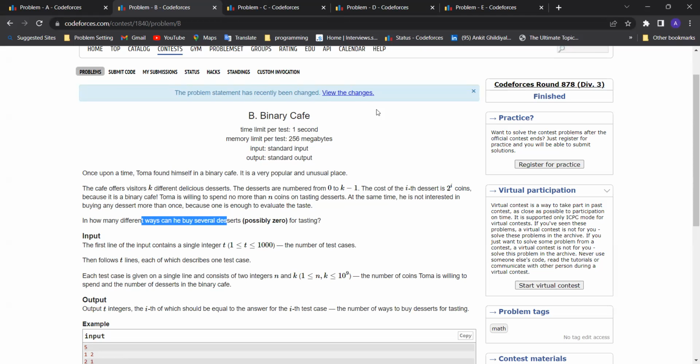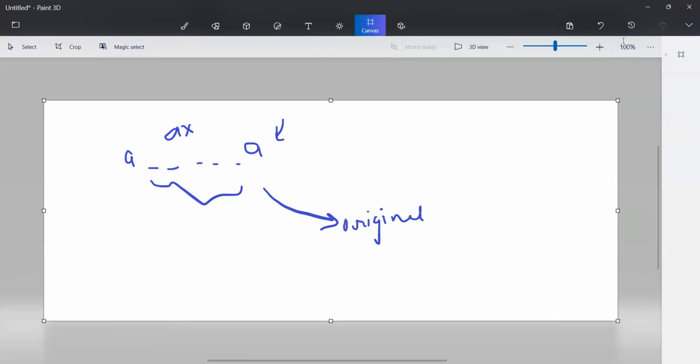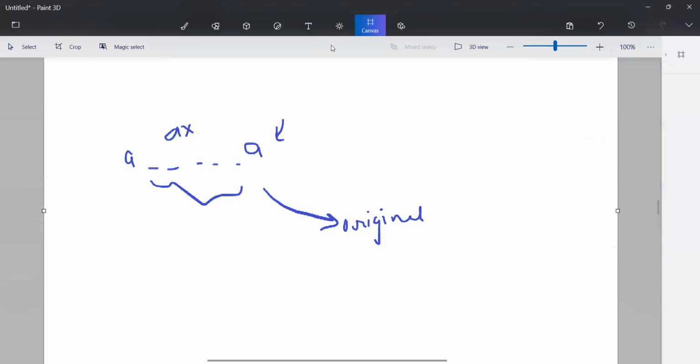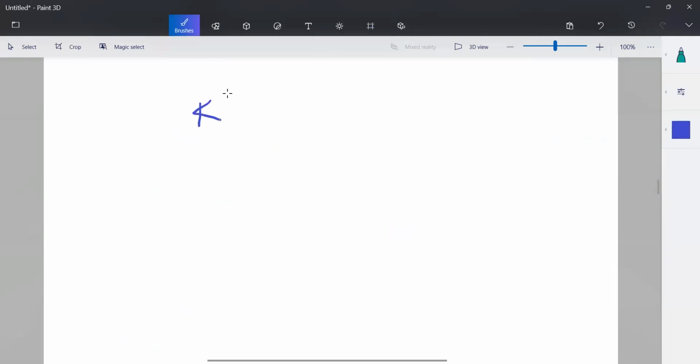So let's see, if my k is more than 30, what does this mean?